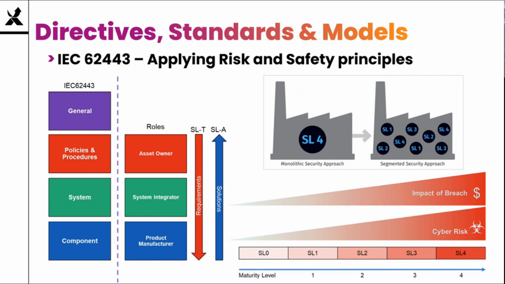The system integrator, on the other hand, will define the products with the product manufacturer to achieve this security level. We then speak of the achieved security level, the SL-A. The whole idea is that the security levels are matched to the skill, resources, and motivation of an adversary.